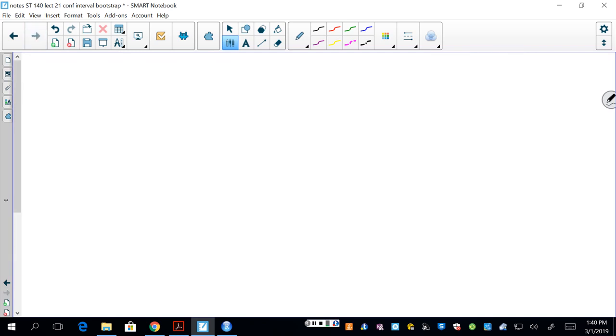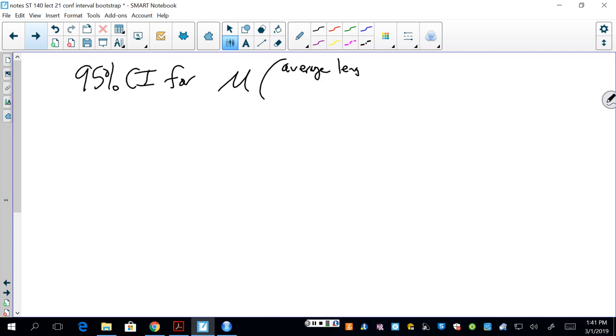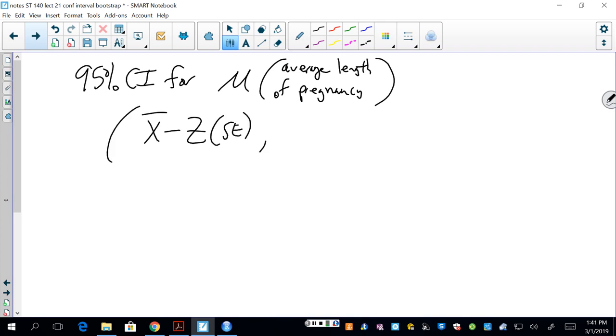So our 95% confidence interval for mu, in this case the average length of pregnancy, is formed by taking x bar minus the normal value times the standard error. I like to write this in a couple ways so that you see where things are coming from.